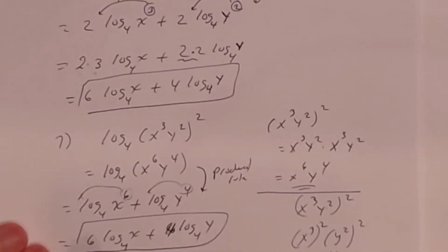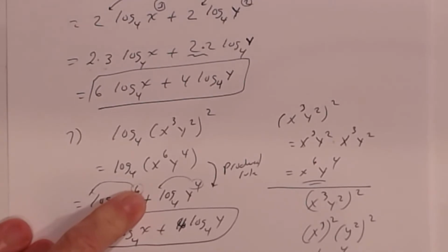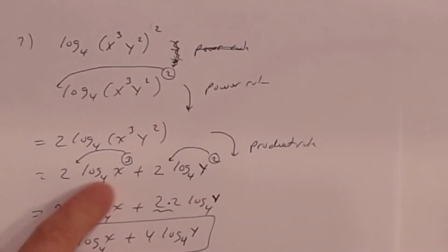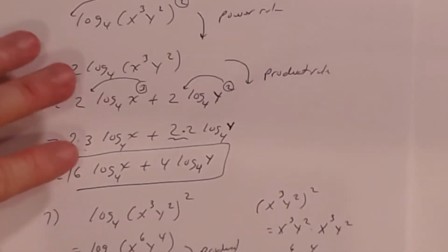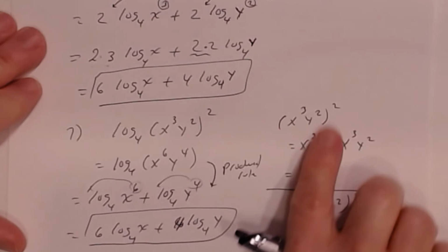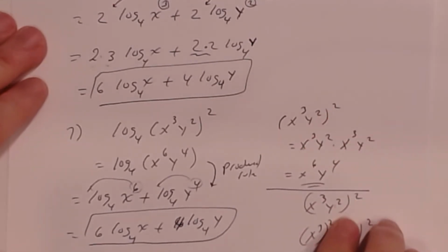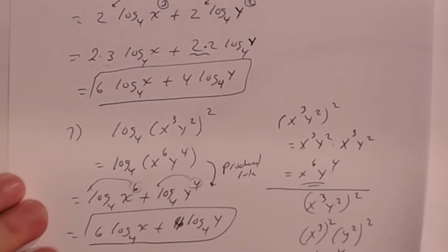For many of you, this was probably a lot easier to deal with than the other. But it doesn't matter, you get the same answer, but it helps to know multiple approaches you can take to problems. You just have to remember some things you've had in the past that will help you to be a little bit more efficient with some of these problems.